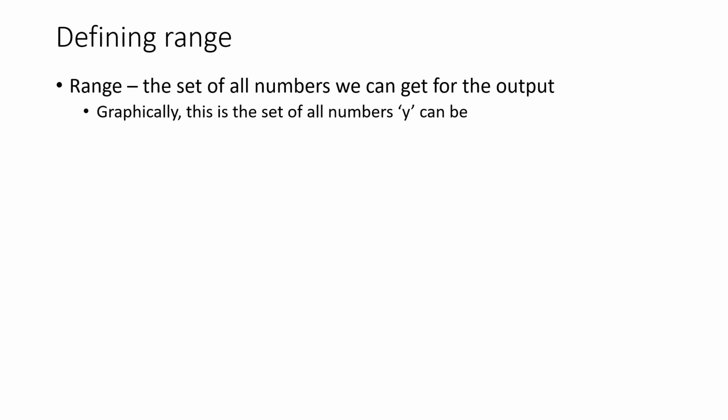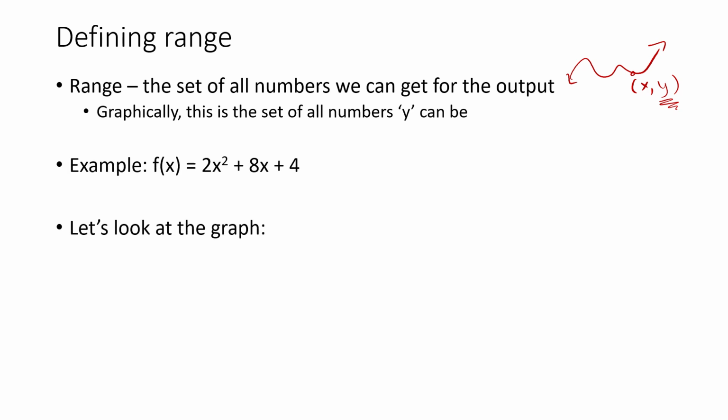Now, graphically, this is the set of all numbers y can be. So if you're looking at the graph of something, each point on that graph has an x and a y coordinate, and we're looking for what are all the things that y can be. So for example, we're looking at this piece, okay? That is our output.